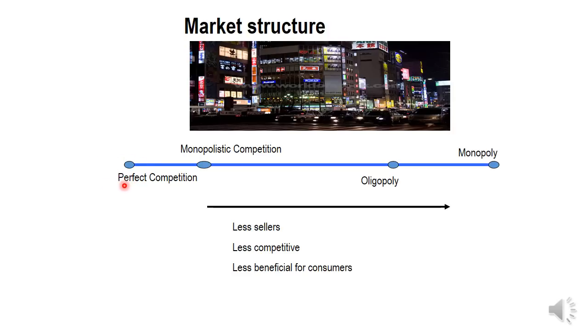The closest you get to that is monopolistic competition. We will touch on that later. So perfect competition does not exist in the world. It's just an ideal that we try to move towards as much as possible so that it's best for consumers.